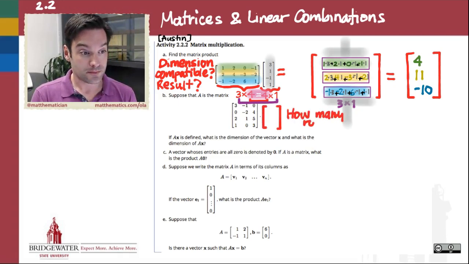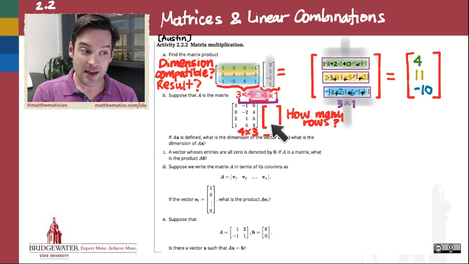First of all, what can we say about the number of rows in the vector X if this product makes sense at all? The number of rows in this vector has to be the same as the number of columns from the matrix which is multiplying it on the left. Since that matrix has 3 columns in it, that means that the vector that I place here has to have 3 rows.